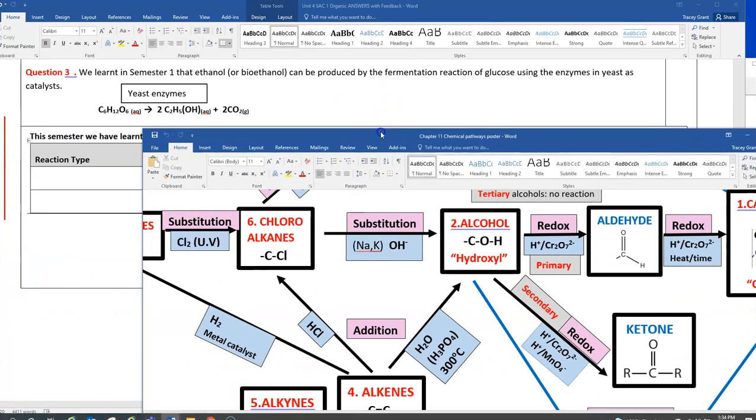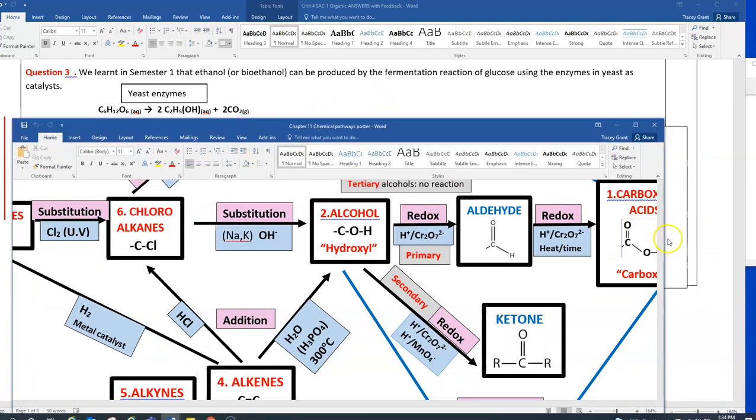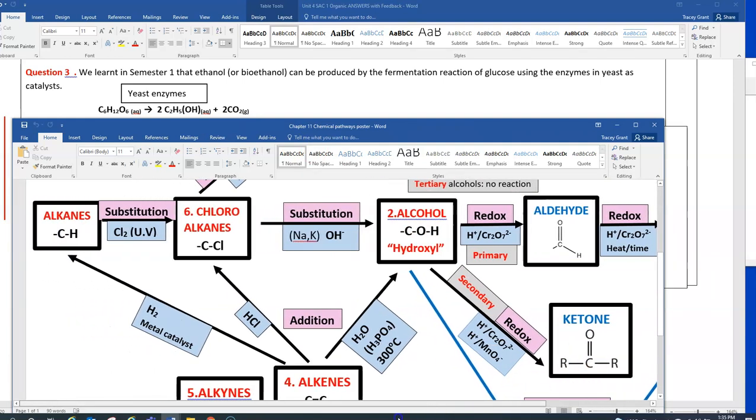So if I make this a bit smaller, we'll concentrate on the alcohol. Okay, so if we turn an alkane into a chloroalkane, we can turn it into an alcohol. So we've got our 2 carbon alcohol, ethanol. So the step before that, you would have to have a chloroalkane, chloroethane.